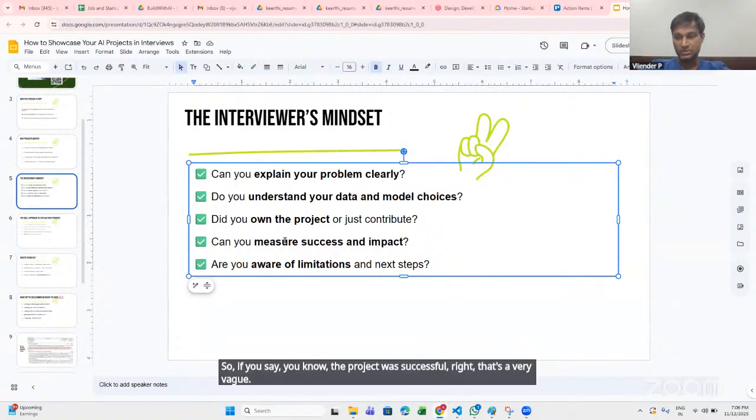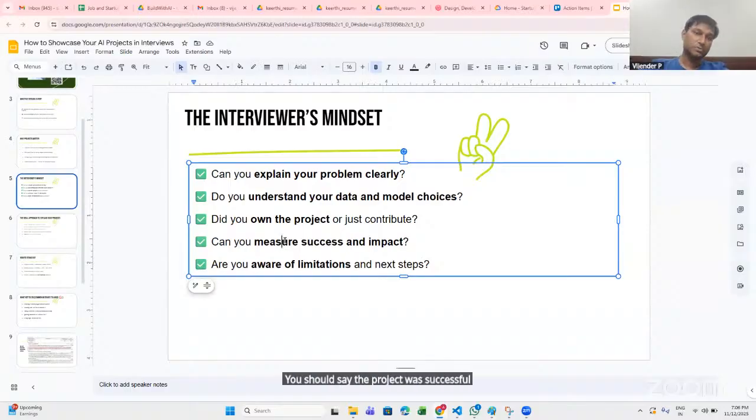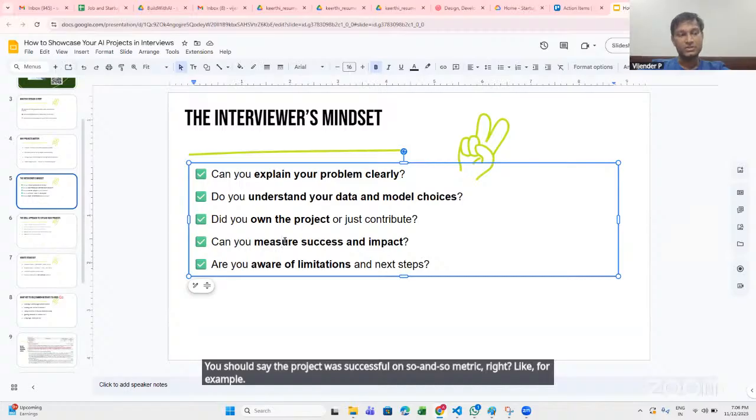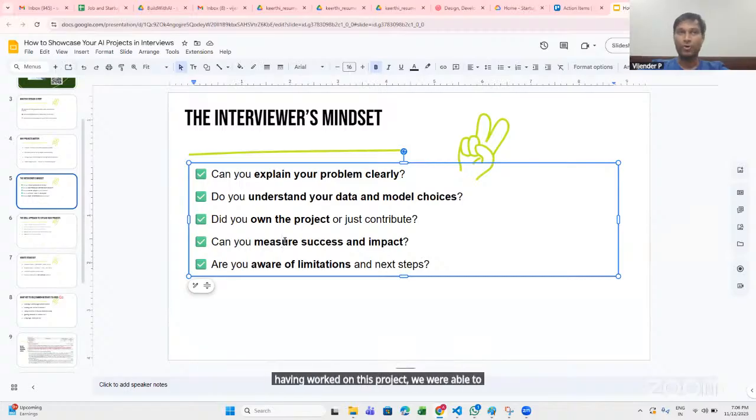You should say the project was successful on so and so metric. For example, having worked on this project, we were able to reduce the latency from a 2 second response time to, let's say, 250 milliseconds. So that is the impact.